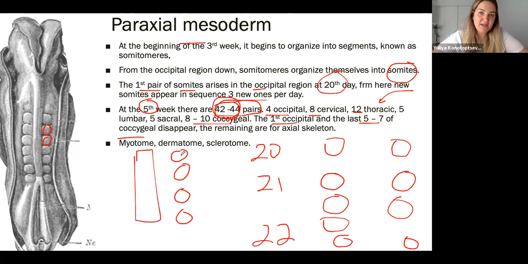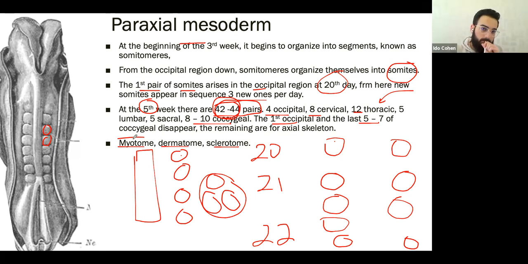Each of the somite, so this is just one somite here, has 3 clusters of cells. So if I draw one somite, I can see myotome, I can see dermatome, and I can see sclerotome. What do you think myotome will give rise to? It will give rise to the skeletal muscle of the axial region, right?